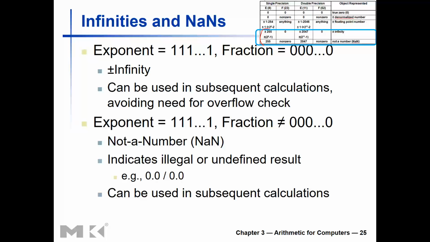Okay, so this is a special case here, and we look again at when the exponent has the maximum value. Then again we examine the fraction. If the fraction is zero, then we have a value of plus and minus infinity. If the fraction is non-zero, then this is not a number, and it is not a valid number according to the IEEE standard for floating point.